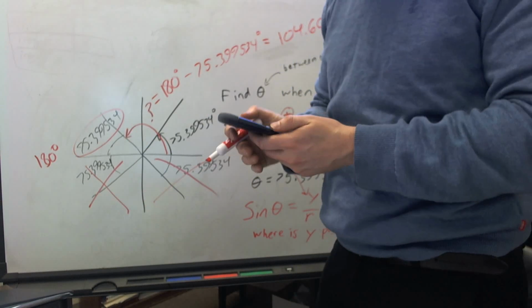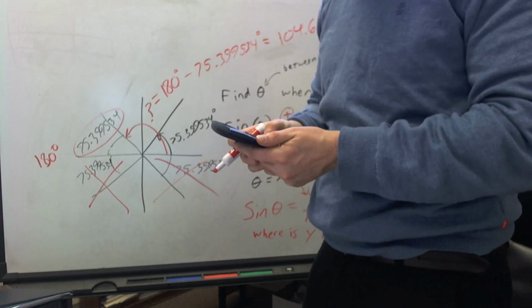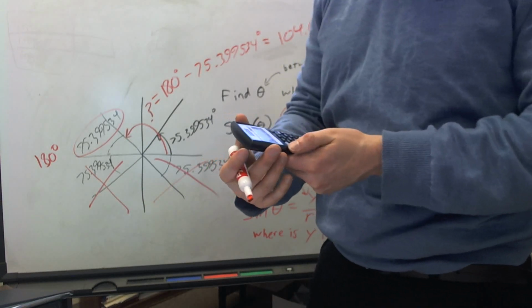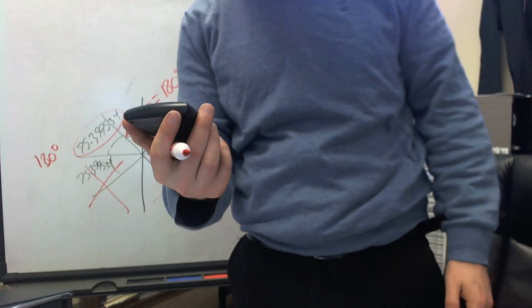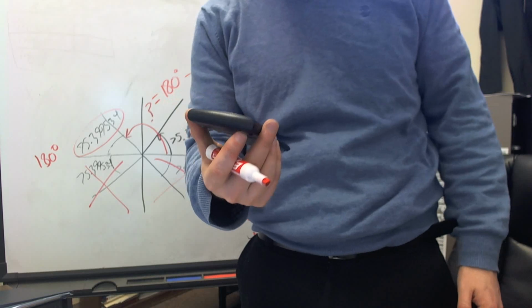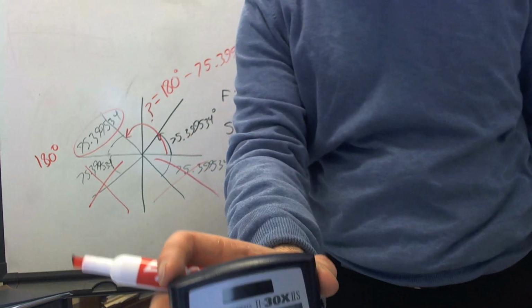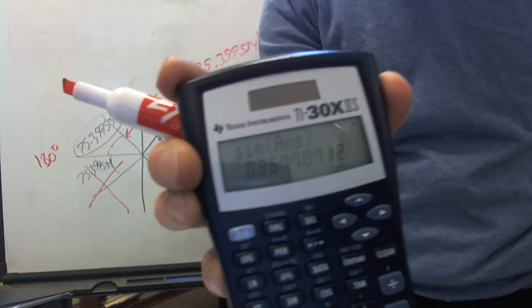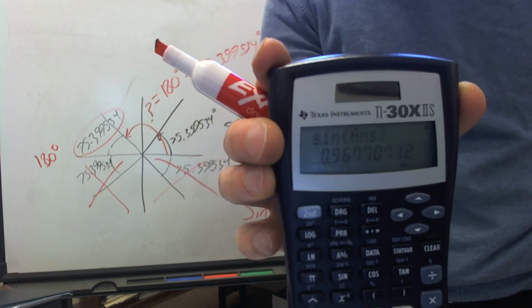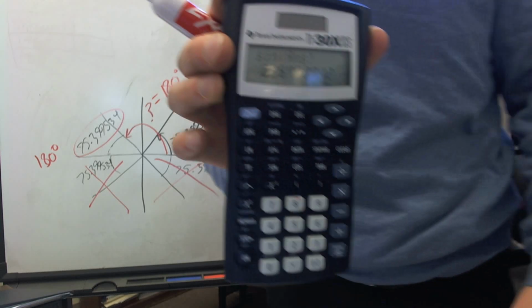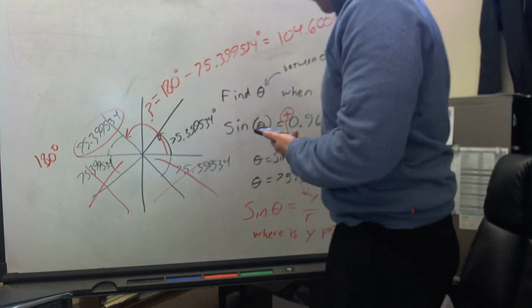Now when I take the sine of that answer, let's see what happens. There we go. Now 0.9677, 0.712. That's not exactly what we started with.